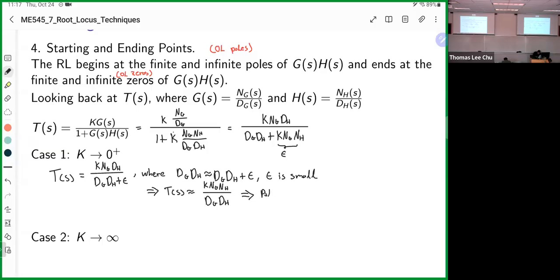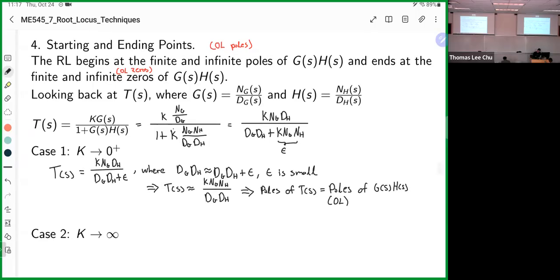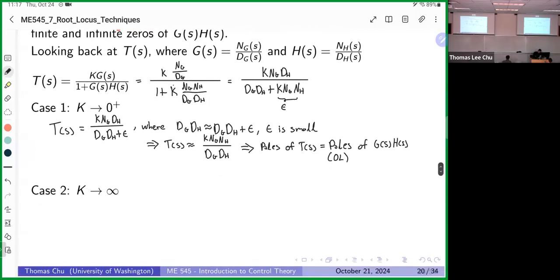So the poles of T of S are equal to the poles of G of S H of S. That's the open loop poles. So we start the root locus at K equals 0, meaning that the root locus starts at the open loop poles. Are we good here?